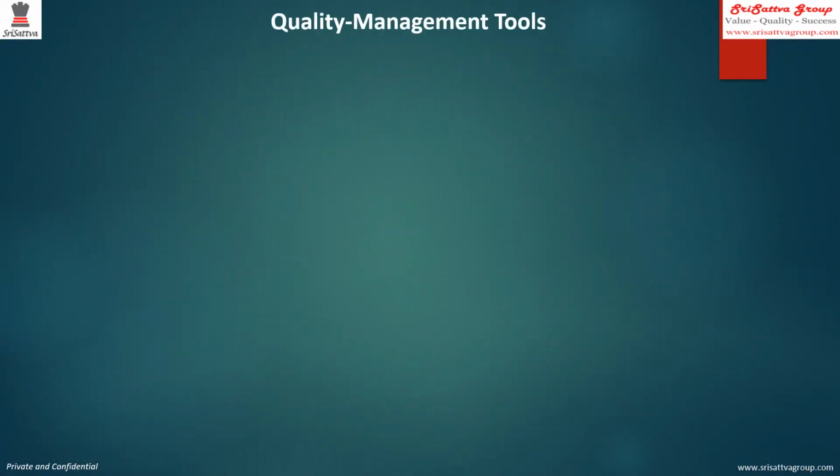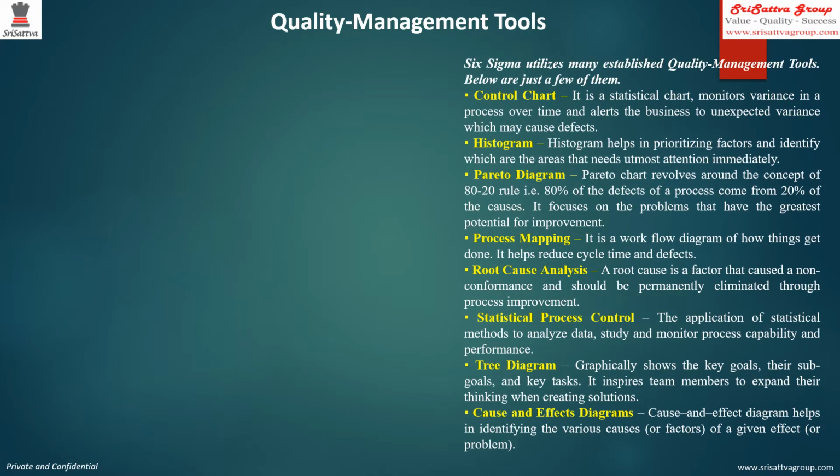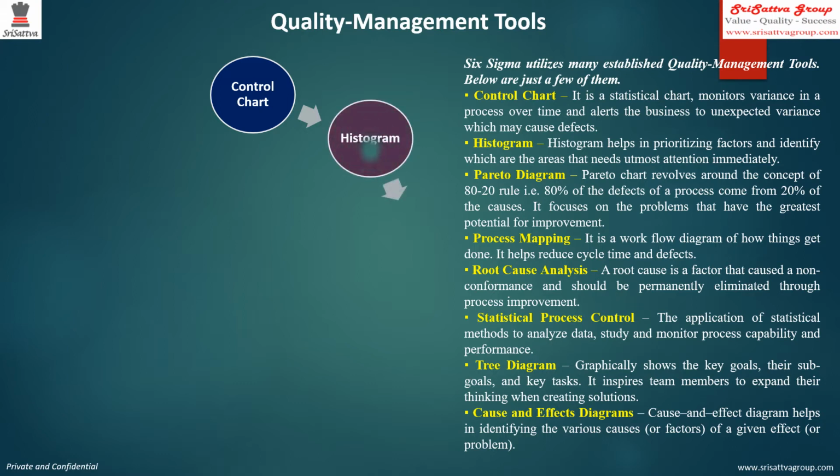Quality management tools. Control chart. A control chart is a statistical chart that monitors variance in a process over time and alerts the business to unexpected variance which may cause defects. Histogram.